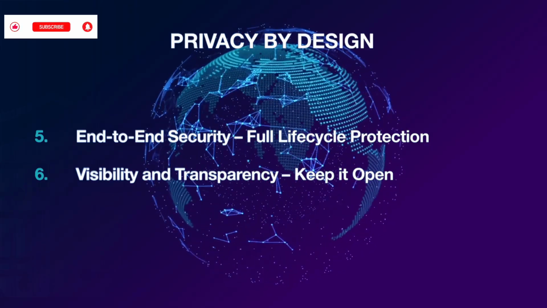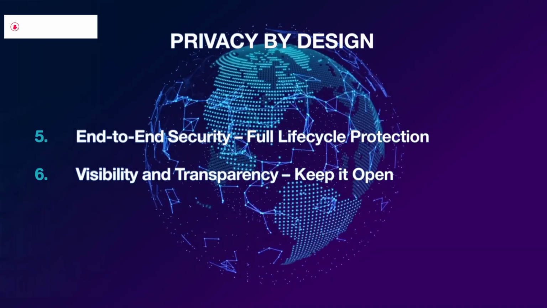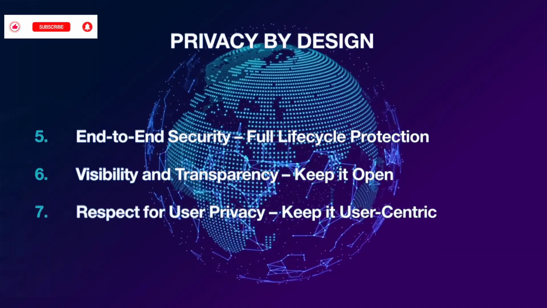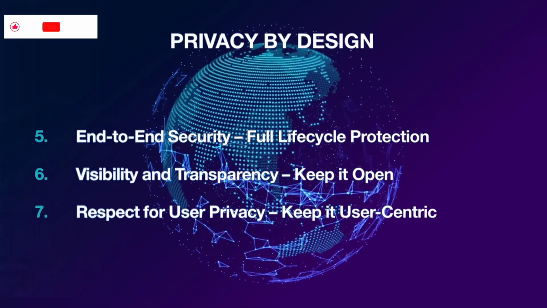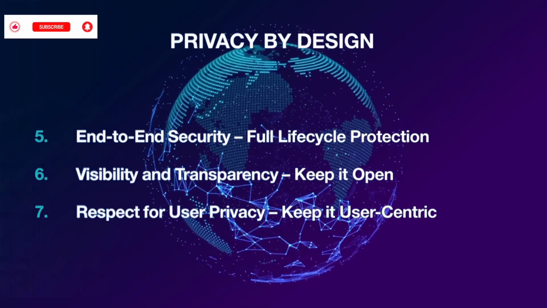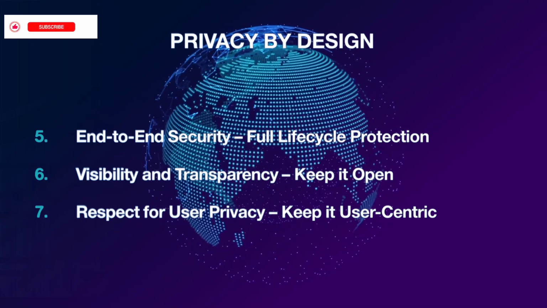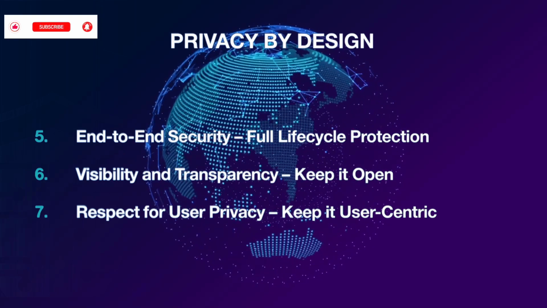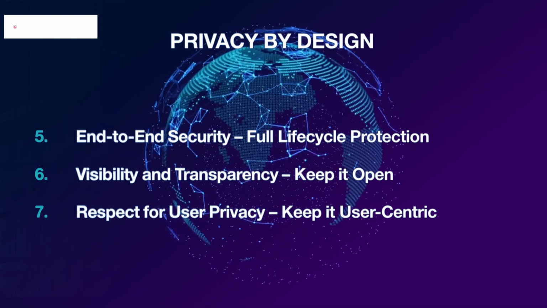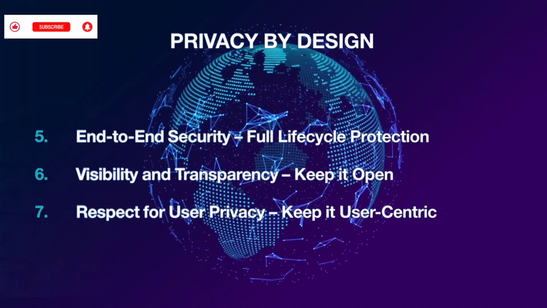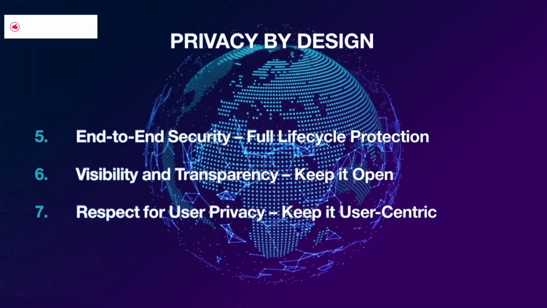Number 7 is respect for privacy. Keep it user-centric. This is the last principle. A lot of the time this is driven by law and regulation, that there's a lot of transparency for the user to access their data, be able to manipulate the data, and also be able to use the data in other places.